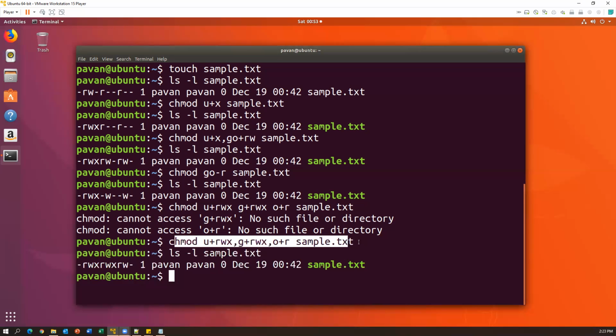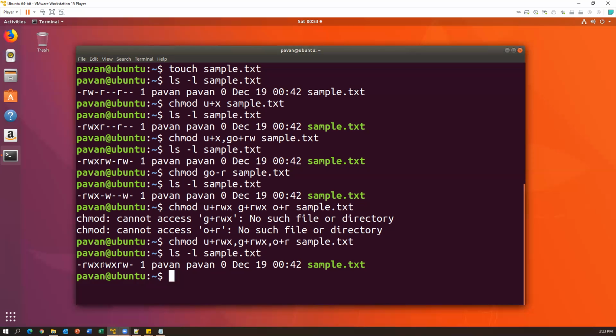Now, after giving this command, let us cross check what permissions I've added to the users, groups, and others. So for users, I have added read, write, and execute permissions. If I look here, the first 3, read, write, and execute permissions are added. For the groups also, I have added read, write, and execute permission.